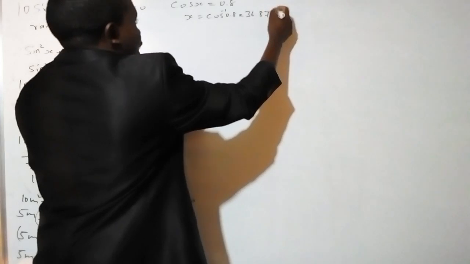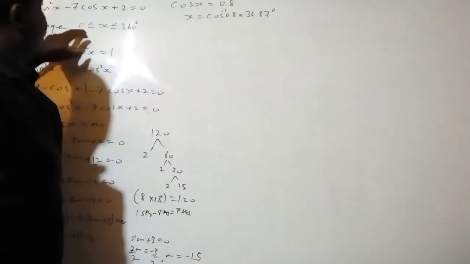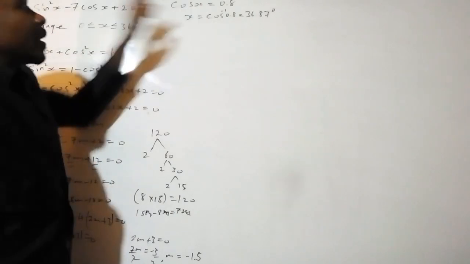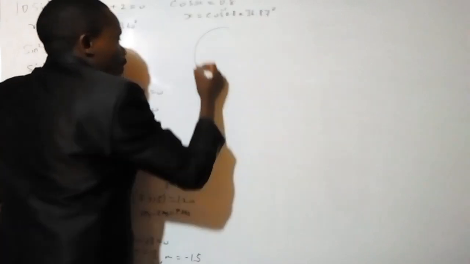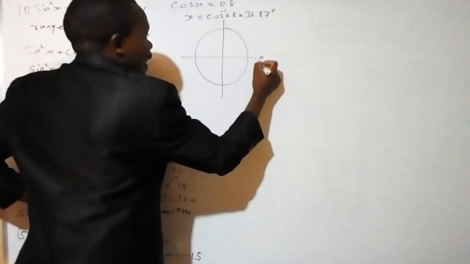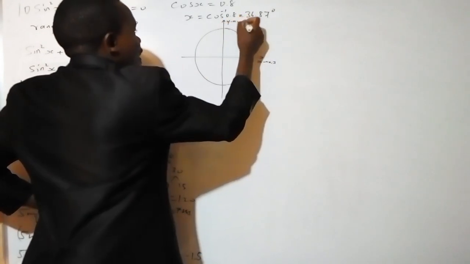Then after that, you've been told to find the value of x in a way that it ranges from 0 to 360. This is positive, where cos is positive. We are going to come here and draw our x-axis and y-axis. You use CAST.